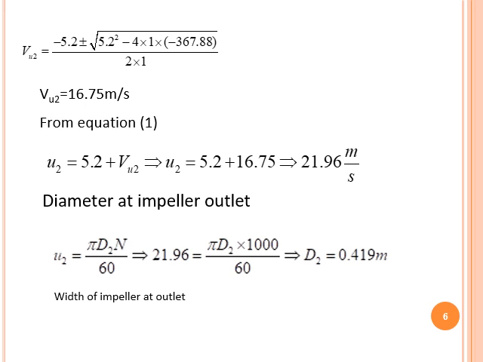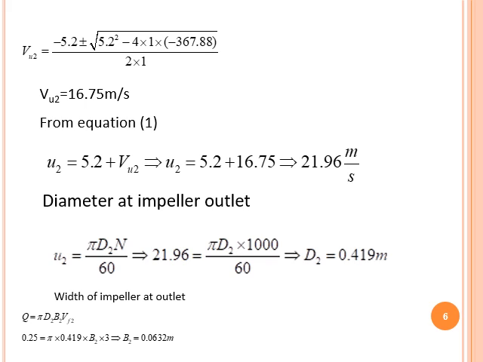So what about the width of the impeller at outlet? The width of the impeller at outlet is calculated by using the discharge formula. The discharge is equal to the area of flow times the velocity of flow. The area of flow is πD2 × B2. Here the discharge is known, that value is 0.255, and the D2 value is already calculated, that is 0.419.